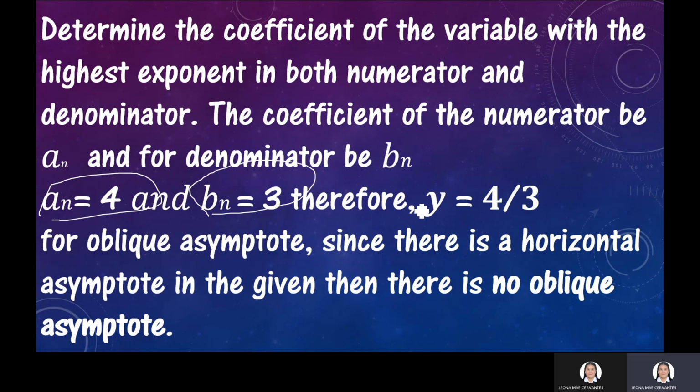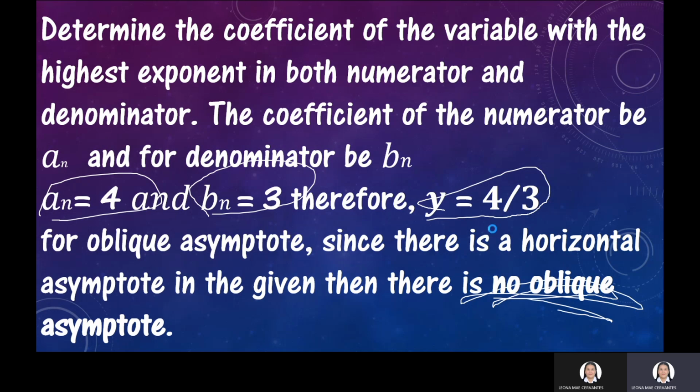So, next. So, this time, our horizontal asymptote is y equals 4 over 3. For oblique asymptote, since there is a horizontal asymptote in the given, then there is no oblique asymptote.